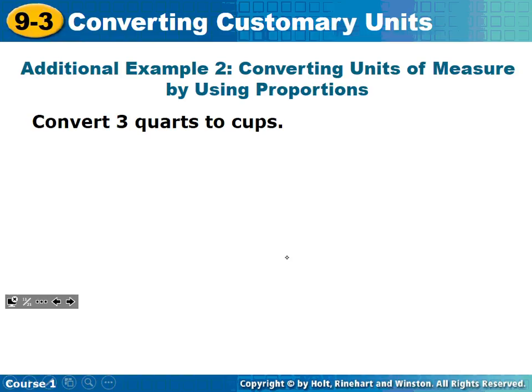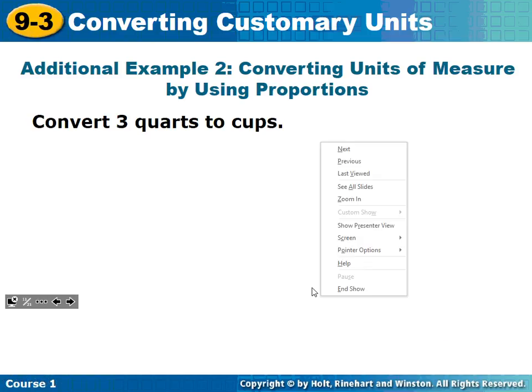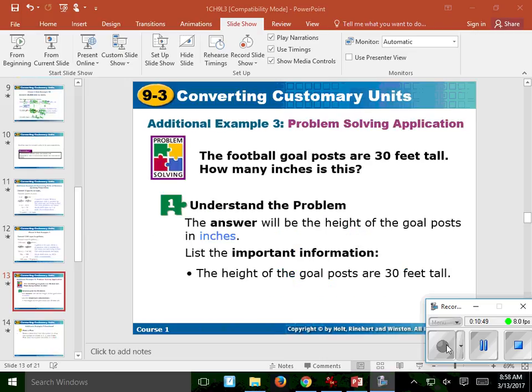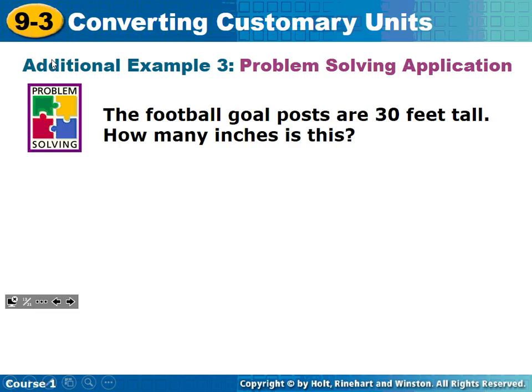How about that one? Quarts to cups. Okay. Football goalposts are 30 feet tall. How many inches is this? Okay. Let's think about this for a second. What are we comparing?